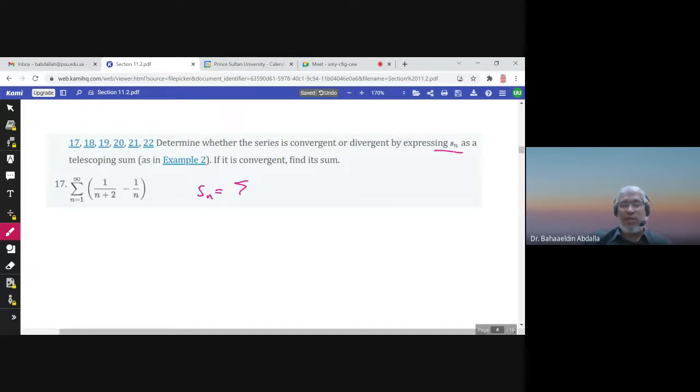What is Sn? The summation of ai from 1 to n, the sum of the first n terms. This is an. So what is ai? I replace n by i, from 1 to n.